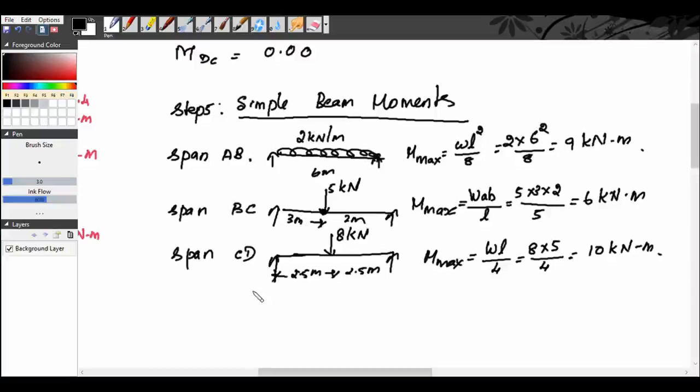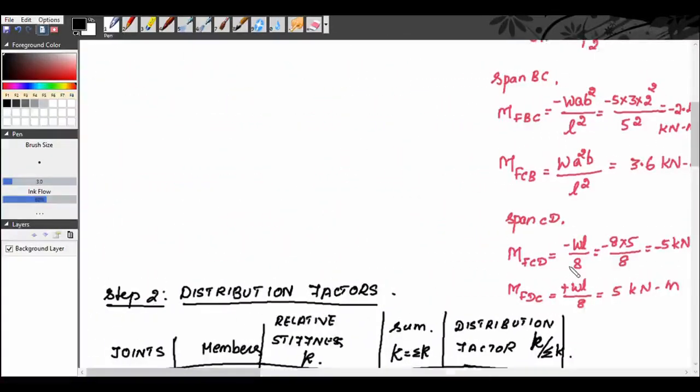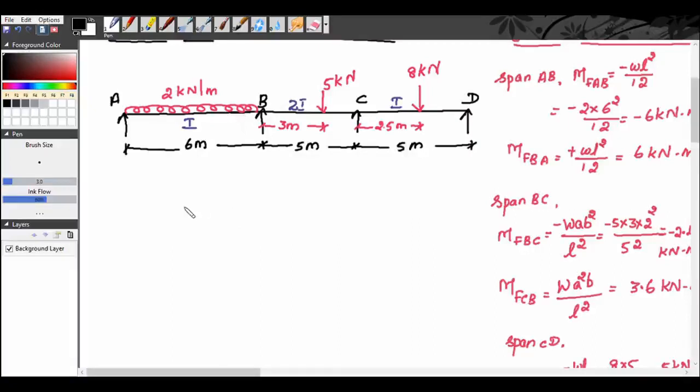Now we can draw our bending moment diagram. So for drawing the bending moment diagram, we will draw the span ABCD.